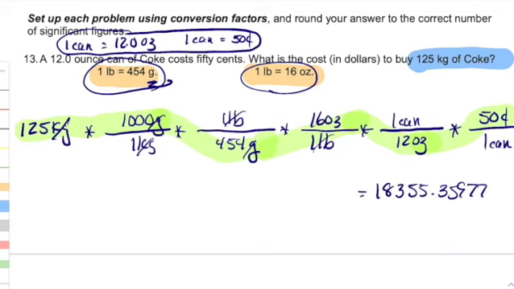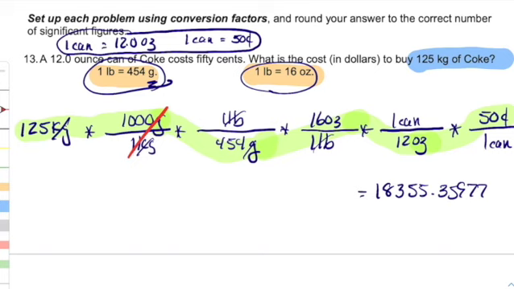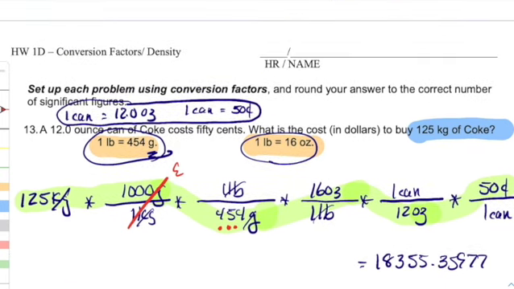All right, so my rounding on this one. Let's get rid of the things that are exact numbers, because we're not going to consider those. This one probably wouldn't be exact because it's a metric to English, so that would have 3 sig figs. This one's English to English, so that would be an exact number. 1 can is 12 ounces. That's a measurement, so that's going to be 2 sig figs.